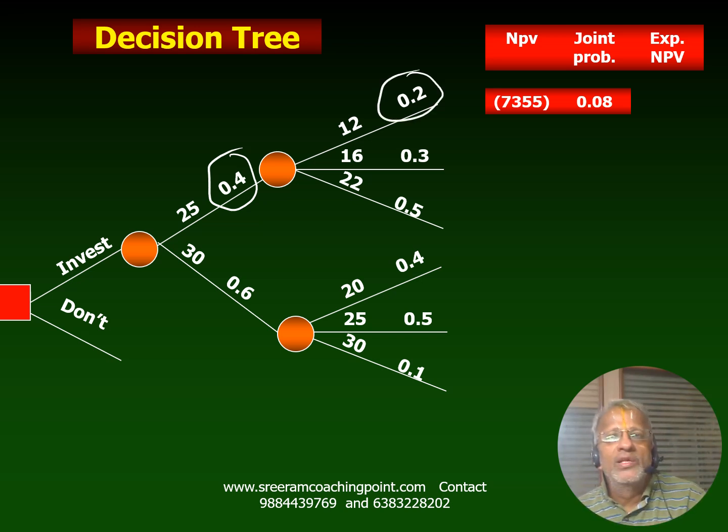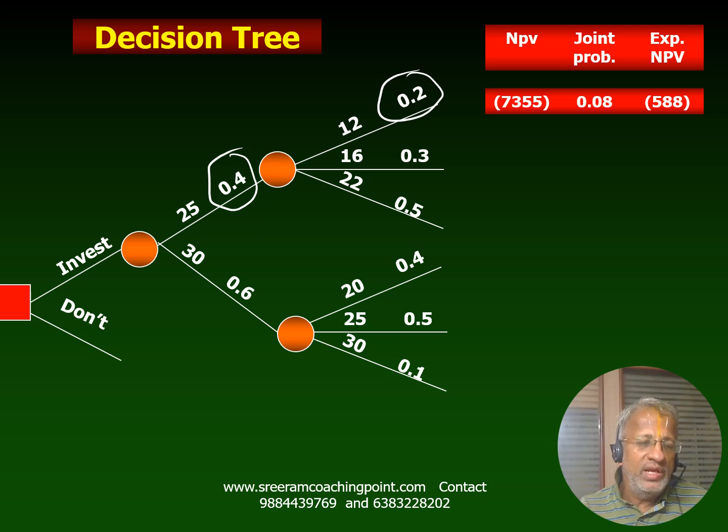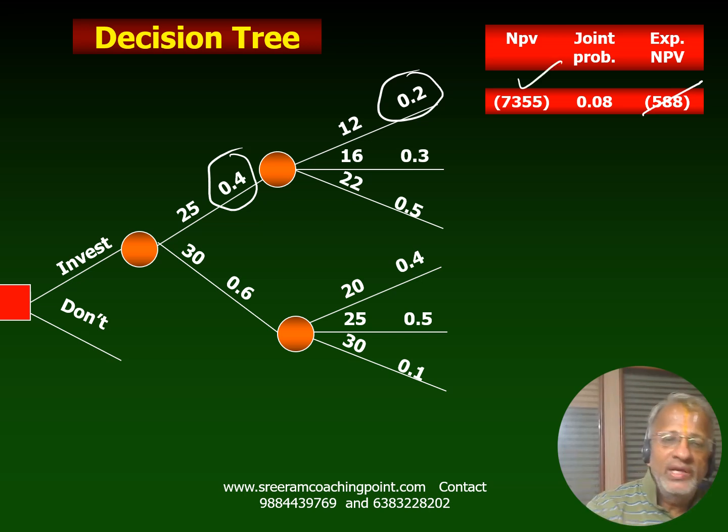So in fact, the probability of getting the worst negative 7355 is 8%. There is a probability of the worst thing as 588, but we will not report this 588, we will report the worst one as 7355, and the probability of that is 8%.